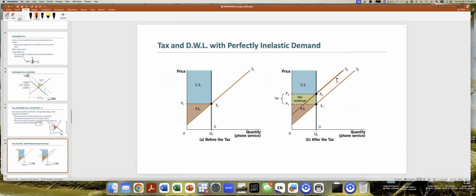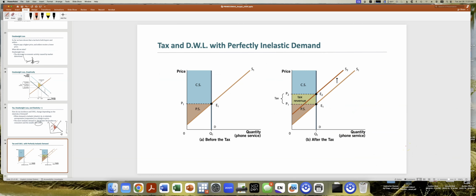And we can see this more beautifully drawn right here with a completely inelastic, perfectly inelastic demand curve. And so what you can see here, at least in this more beautifully drawn picture, is that part of the consumer surplus here is reallocated to the government in the form of tax revenue.